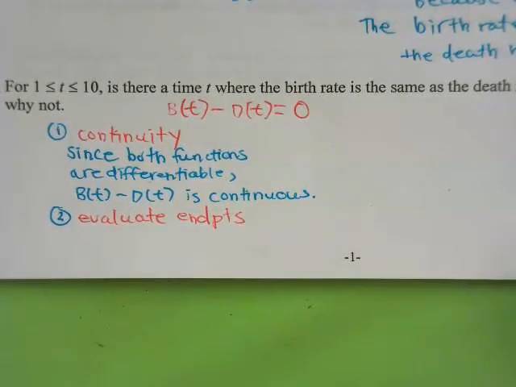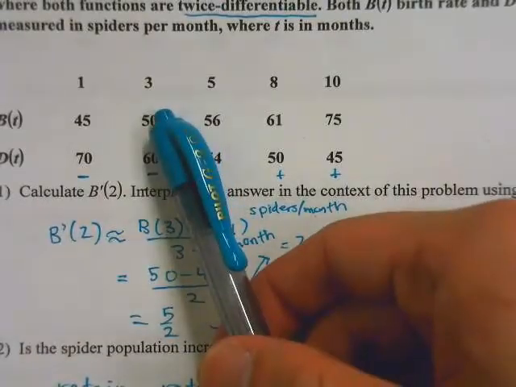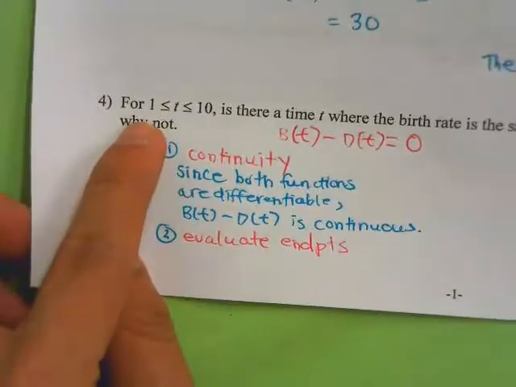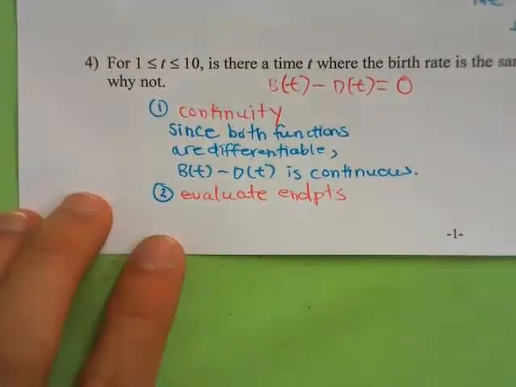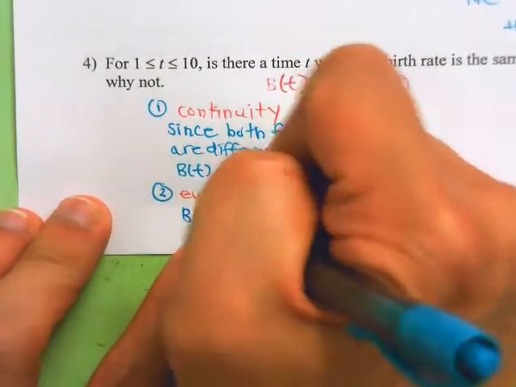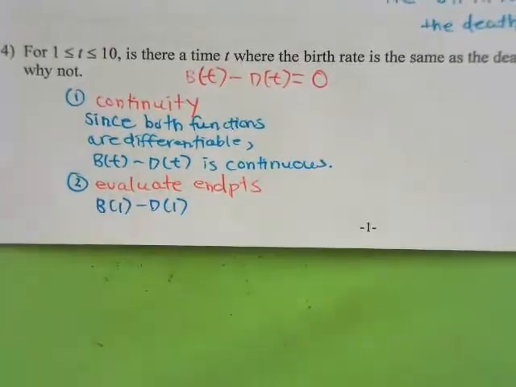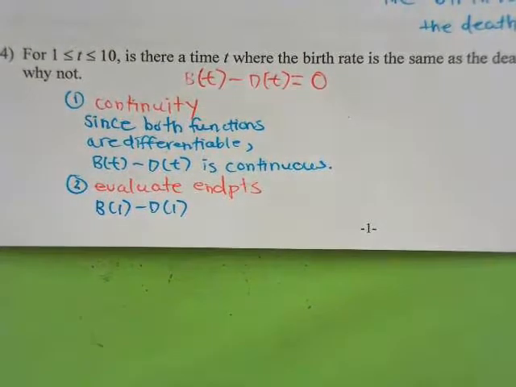Once you state your continuity, then we have to evaluate the endpoints. Even though we can probably use 3 and 5, let's just follow with 1 and 10, because those are your endpoints over here. So we're going to do b of 1 minus d of 1, and then afterwards we will do b of 10 minus d of 10.